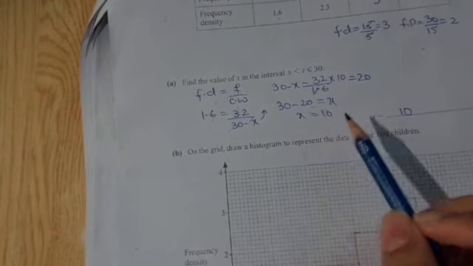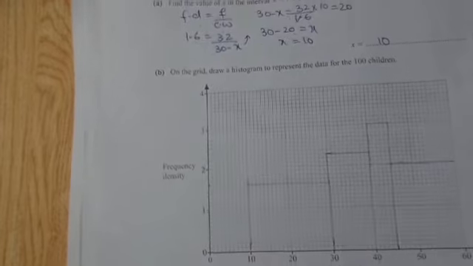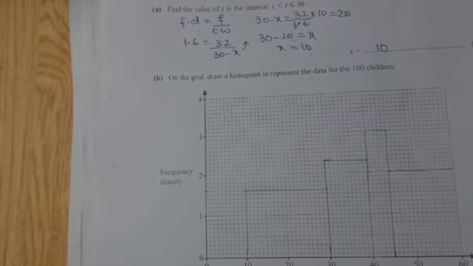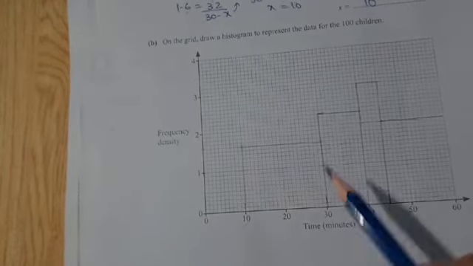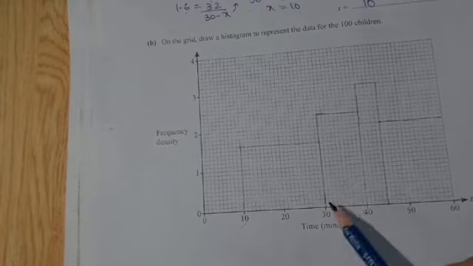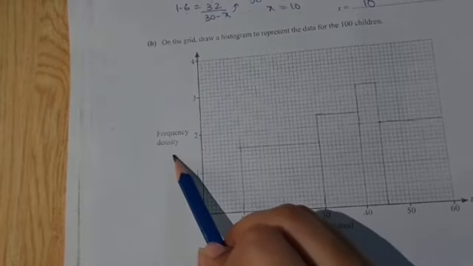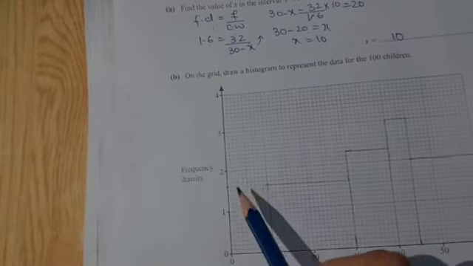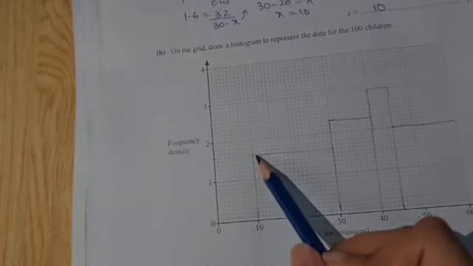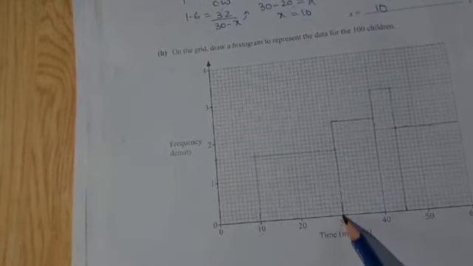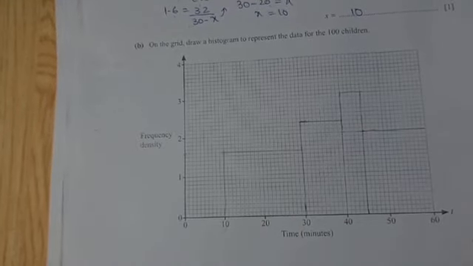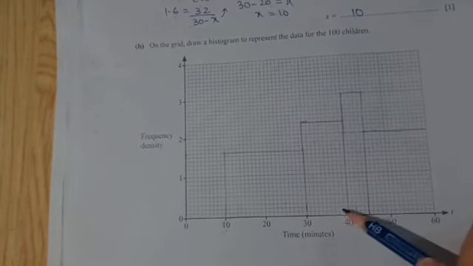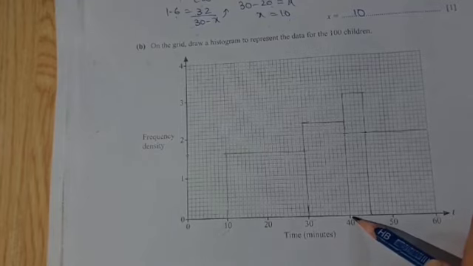X is 10. Part B, on the grid, draw a histogram to represent the data for the 100 children. The first range is from 10 to 30. Because x was 10 to 30, the frequency density for this range is 1.6. So we mark it over here, and the block is going to be this big. The second range is from 30 to 40, which is 2.3.